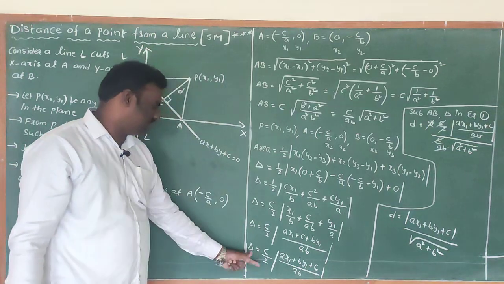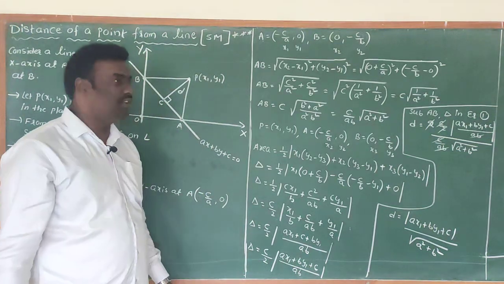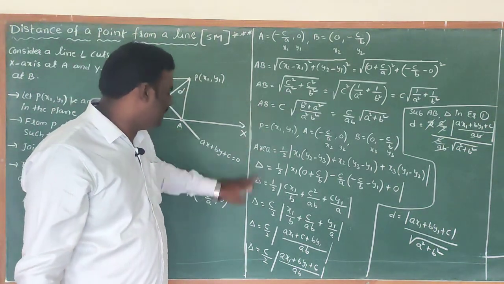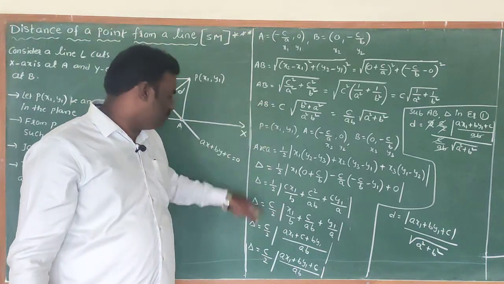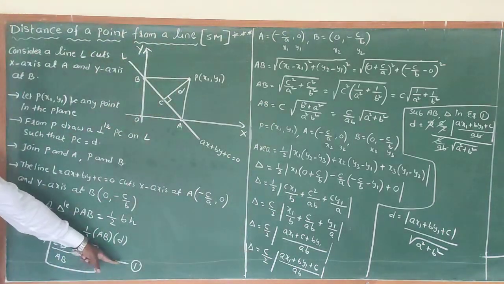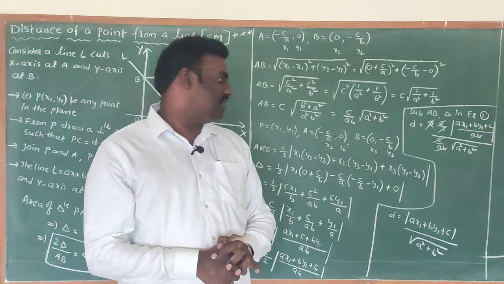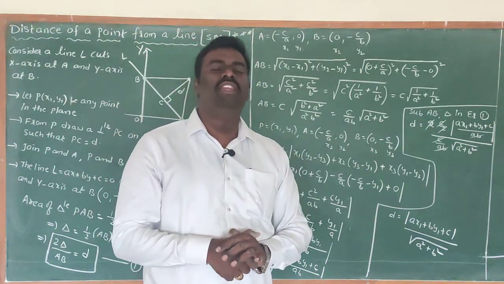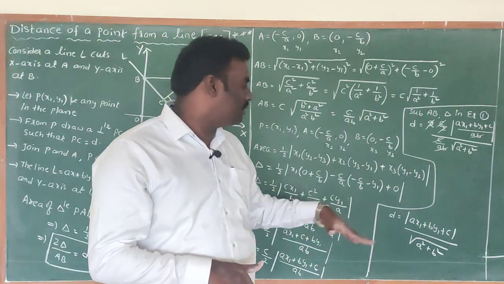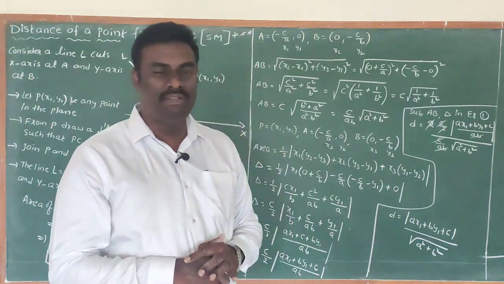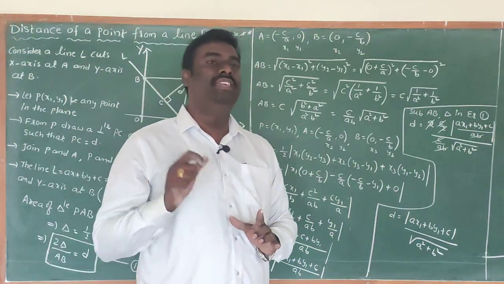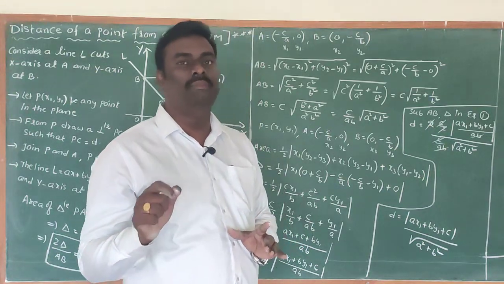We got delta is like this. So finally we know AB value and delta value. Substitute these two values in equation 1. Then finally what we got? D is equal to modulus of ax1 plus by1 plus c by under root of a square plus b square. This is formula for distance of a point from a line.